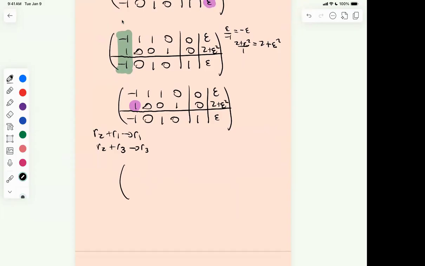So when you add the two rows, the first one becomes 0, 1, 1, 1, 0, then 2 plus epsilon squared. And then the second row was left intact, right?